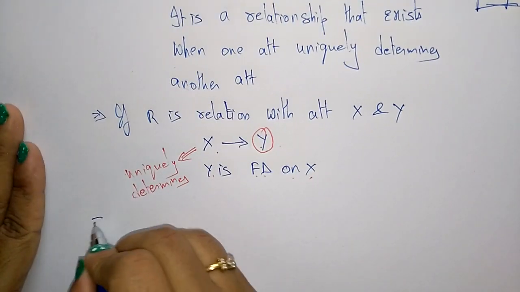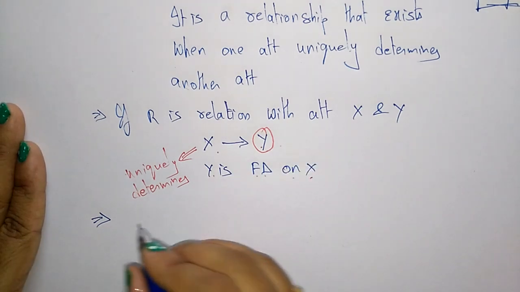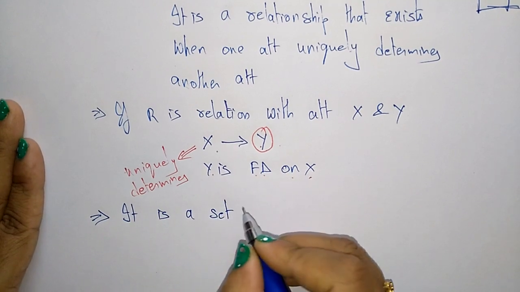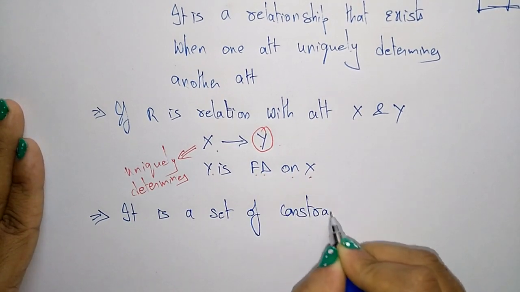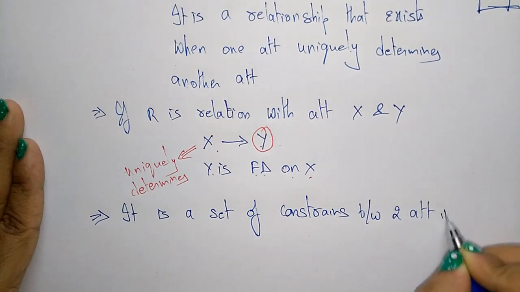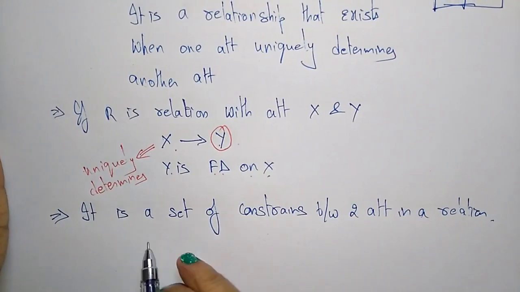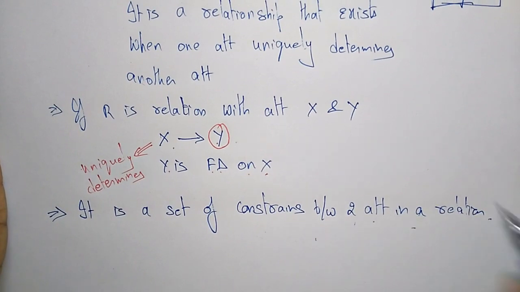Let me take one more. It is a set of constraints between two attributes in a relation. You can also say that functional dependency is a set of constraints, meaning some rules, between two attributes in a relation.